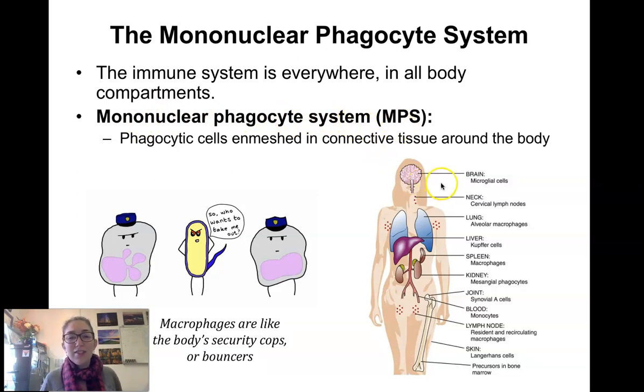And again, this is just a system of phagocytes that are enmeshed in all the different tissues of your body, and their job is to be the lookout, to be the bouncers, to be the first to recognize foreign invaders. They're kind of out there with their binoculars looking around for PAMPs, for pathogen-associated molecular patterns.